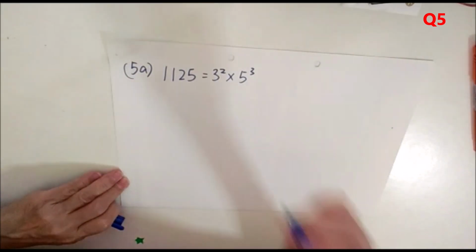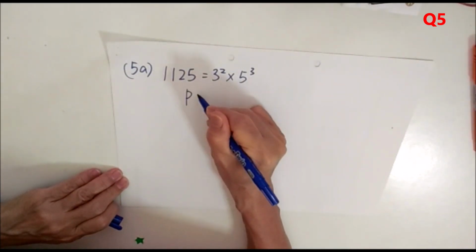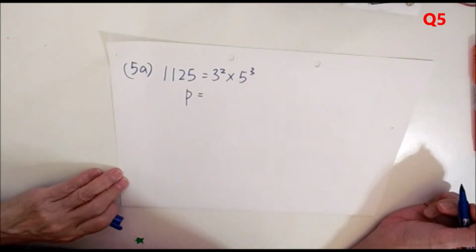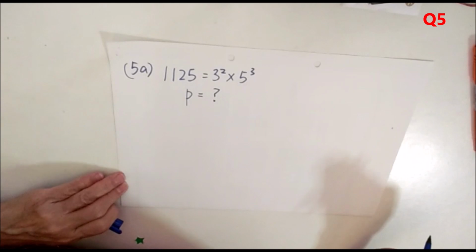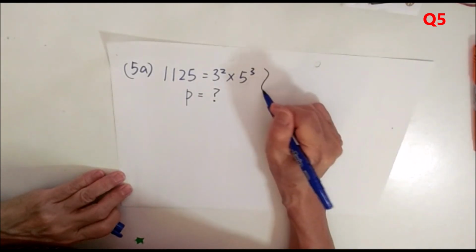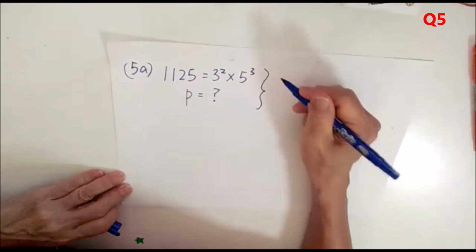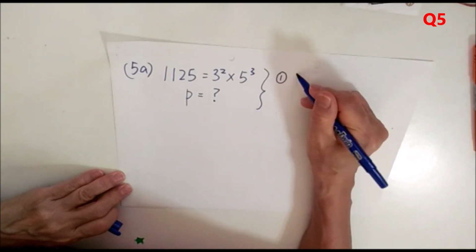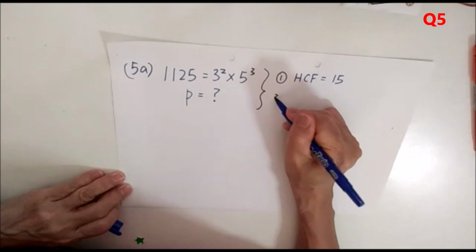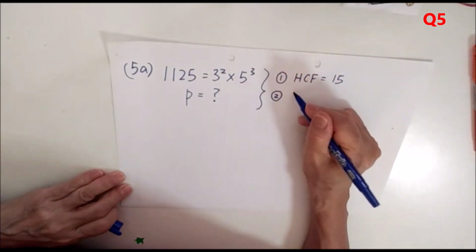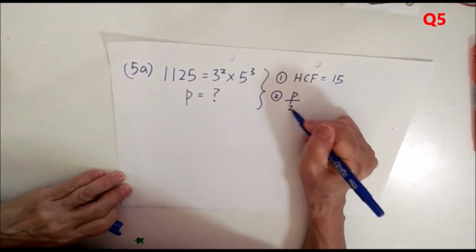We are given another number, p, and this is a positive integer which we are supposed to find out. There are two conditions that we have to satisfy. The first condition is that HCF is 15, and the second condition that p must be divisible by 21.